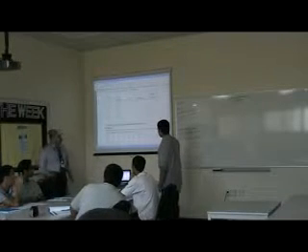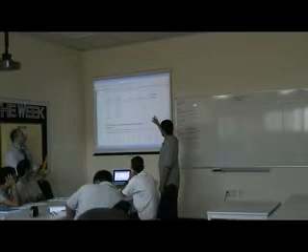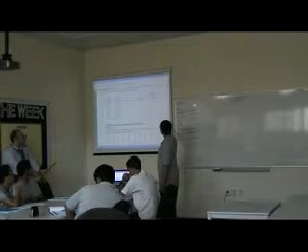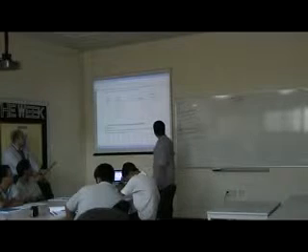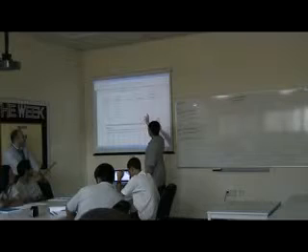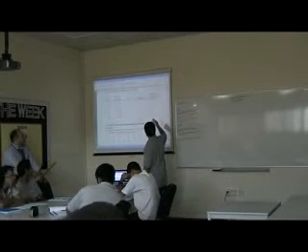Continue. And the tally, we count the frequency of each group. Cumulative frequency: we have the frequency, the first row, we put it the same.